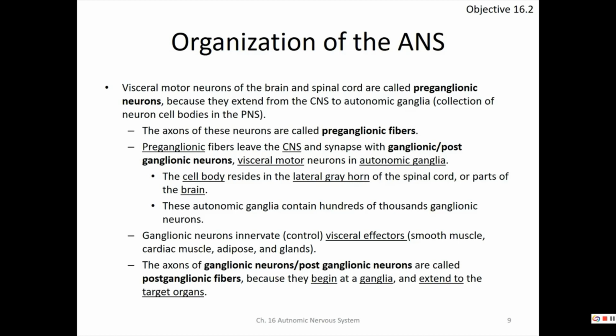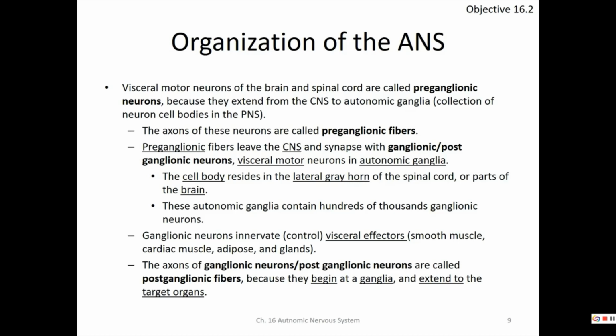Then they go on to synapse in a ganglia, and that forms postganglionic neurons, sometimes called ganglionic neurons.